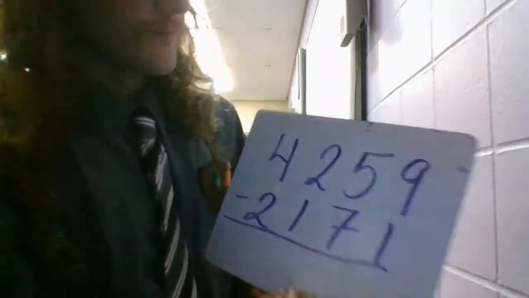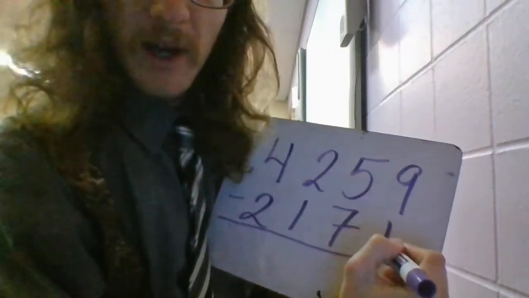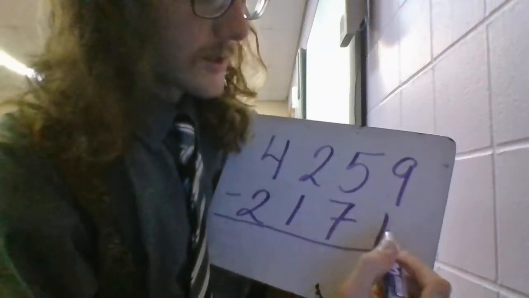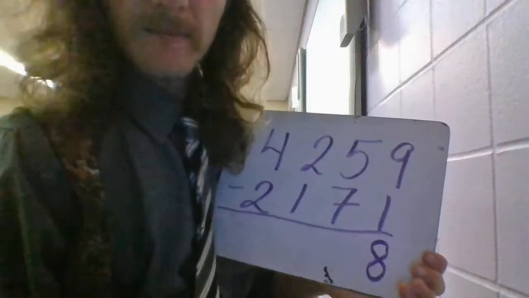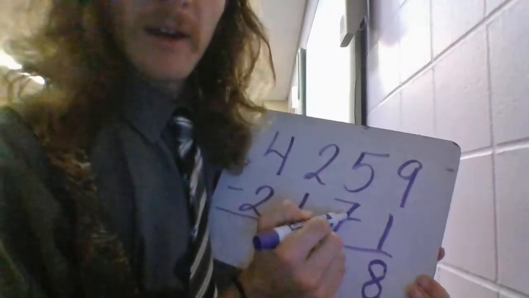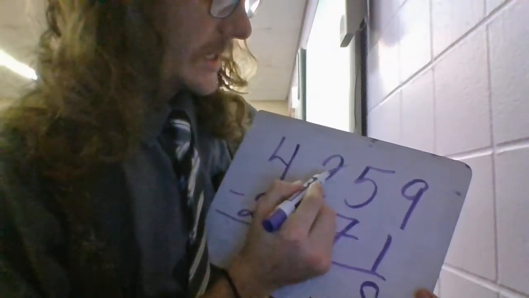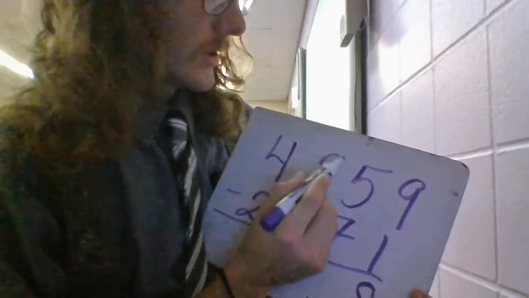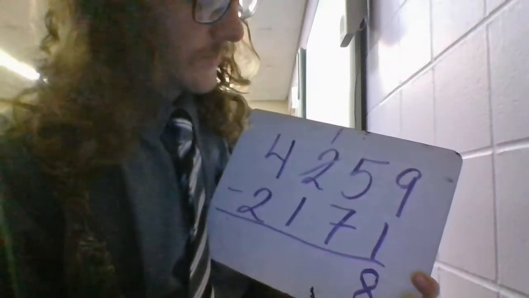Alright? Now we start in that ones place. 9 minus 1. We can do that. 9 minus 1 is 8. 5 minus 7. Now remember we couldn't do that, so we needed to take 10 tens from here, which only left us with 1 hundred left behind.